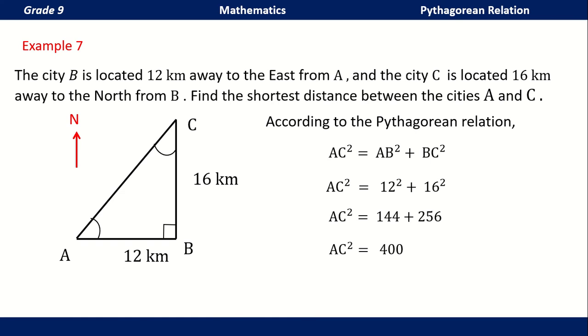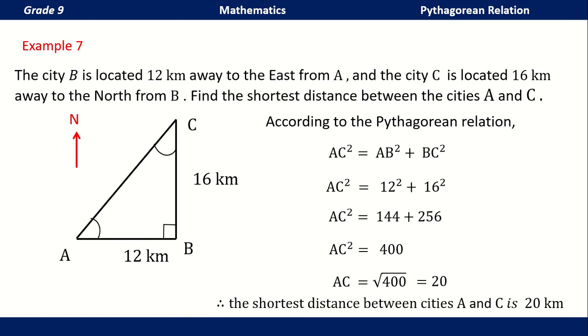By adding up those two numbers, you will receive that AC squared equals 400. To find the value of AC, you have to find the square root of both sides. So square root of AC squared is AC, and square root of 400 is 20. Now you can write that the shortest distance between the cities A and C is 20 kilometers.